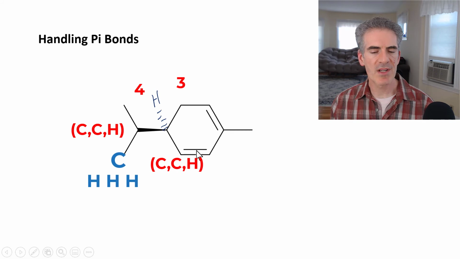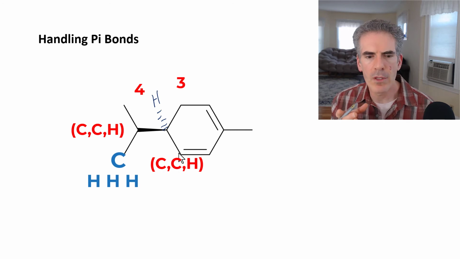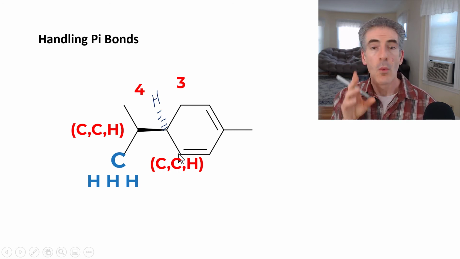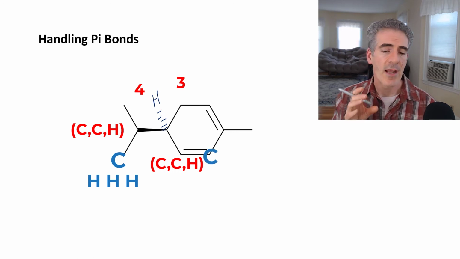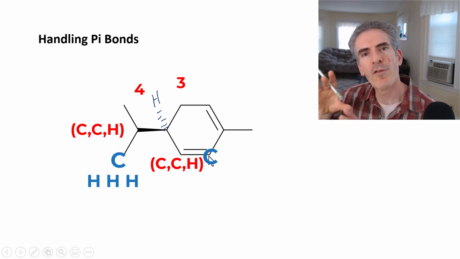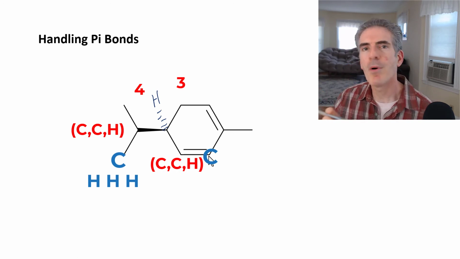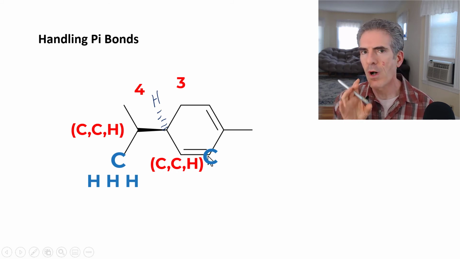We said that this went to CCH, and now we're supposed to go to the next carbon and figure out what it's attached to. What we do on the double bond like this, we go out here. And now here's where you have to be careful. I know I've been saying that we always work away from the chiral center, but when you have a pi bond like this, you actually double back once.